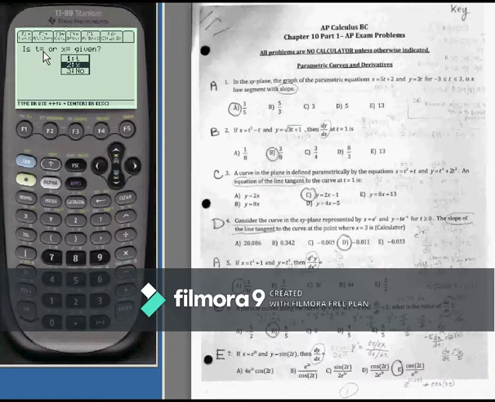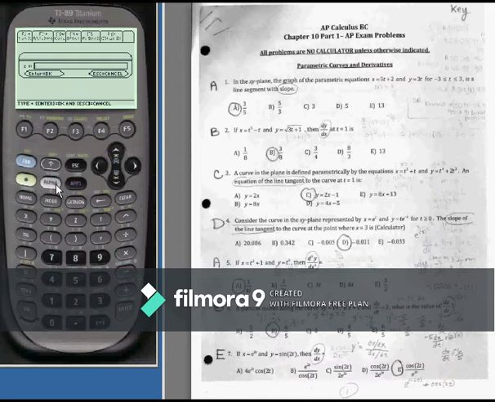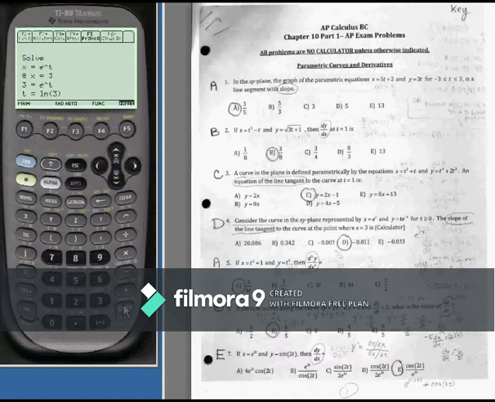Is t or x given? Yes, x is given. x is equal to 3.